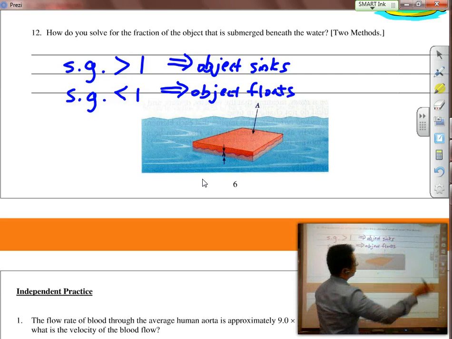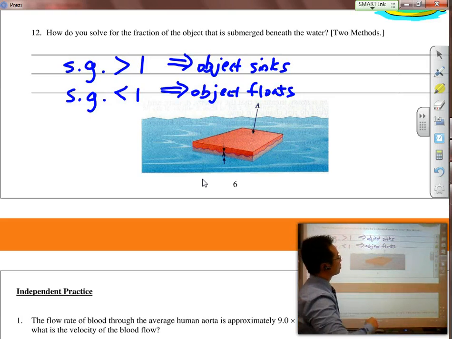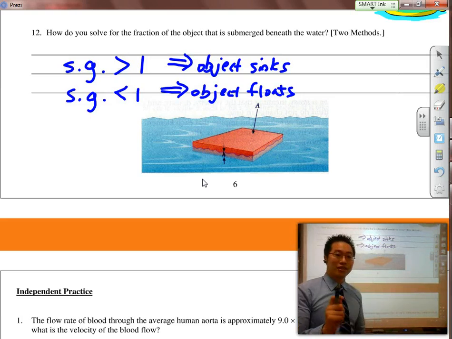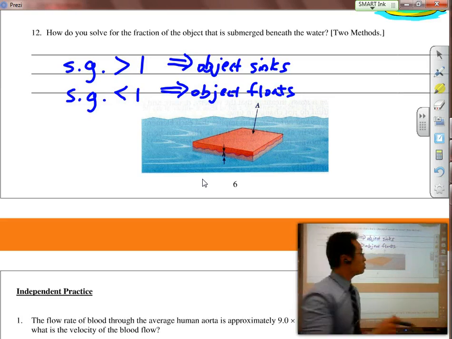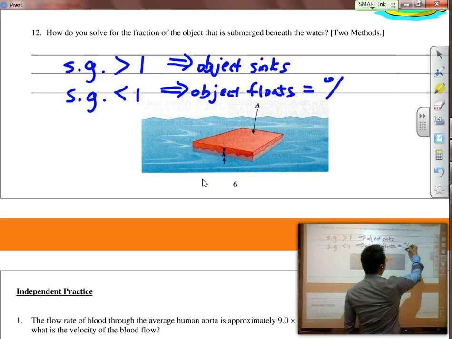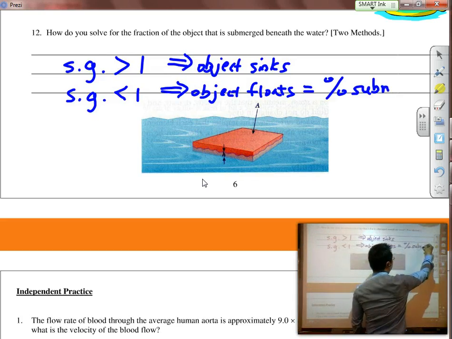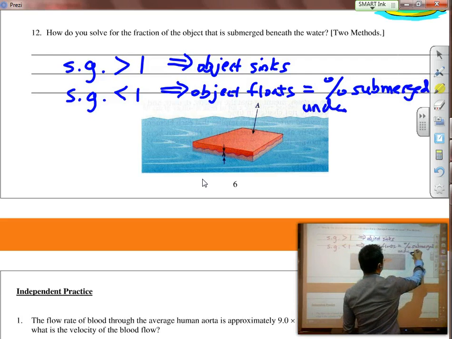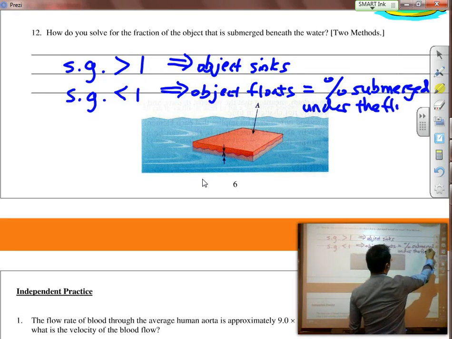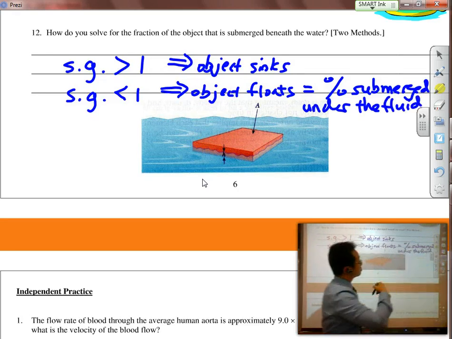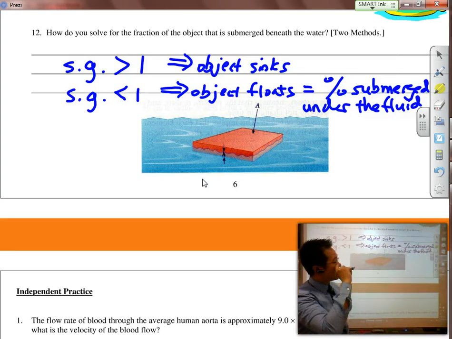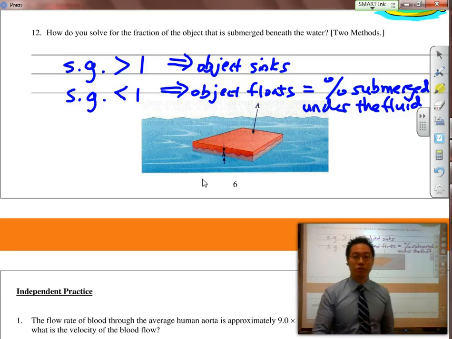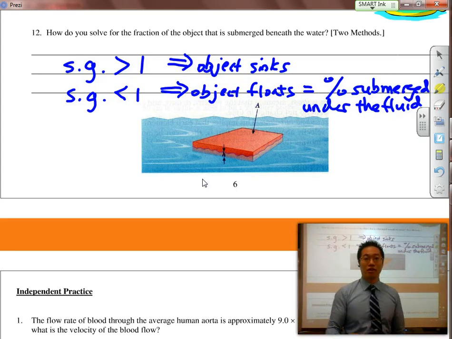And that's just density, like the density lab that you guys have done before. But what's interesting is that the specific gravity is also equal to the percent submerged under the fluid. Meaning that if your specific gravity is 0.8, then the object would be 80% below the water line and 20% above the water line.